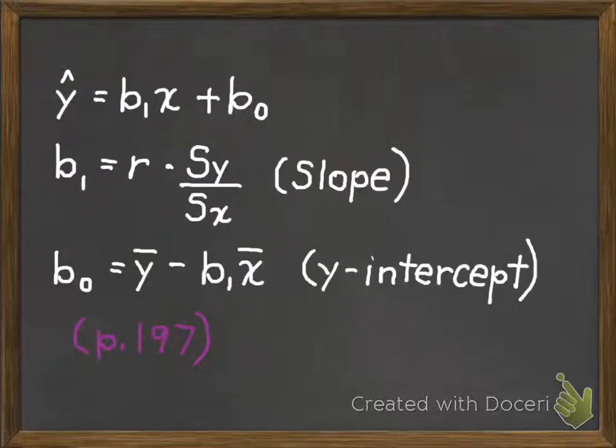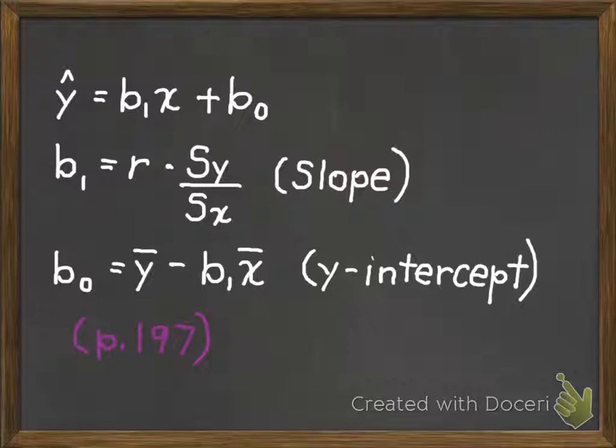So now let's use the formulas as they are given in your text on page 197 in the purple box. The predicted response y-hat is equal to b sub 1, which is your slope, times x, plus b sub 0, which is a constant, that is the y-coordinate of your y-intercept.